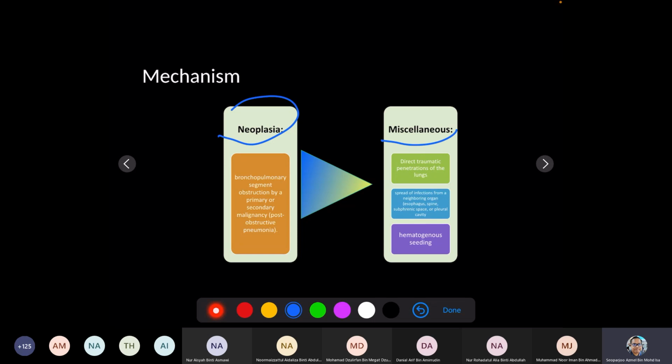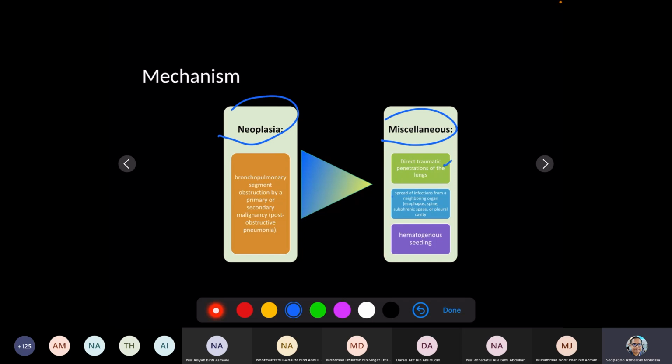And other miscellaneous conditions, for example direct trauma, such as gunshot or stab wounds, in which the tip of the dagger or knife, or the bullet itself, has some amount of bacteria on it. When it penetrates into the lungs, it can cause a lung abscess in this patient.